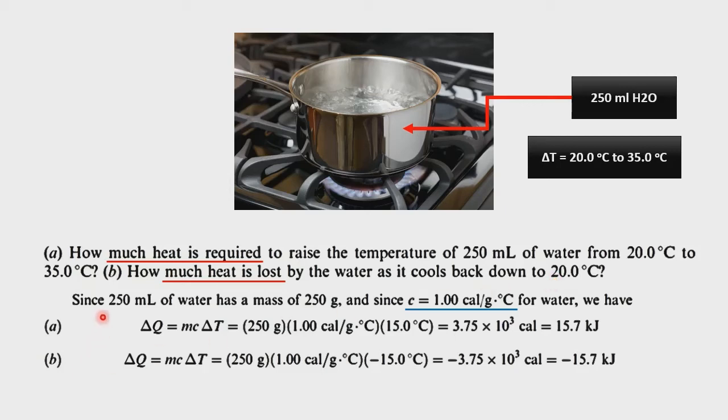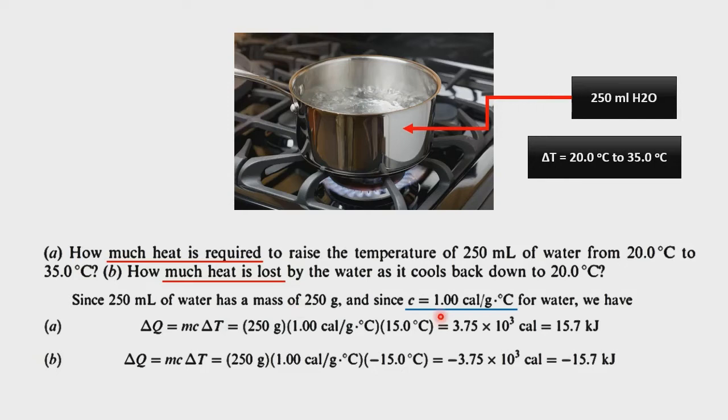Since the amount of water inside the casserole is 250 ml, that will have an equivalent mass of 250 grams, because 1 ml of water is equivalent to 1 gram.